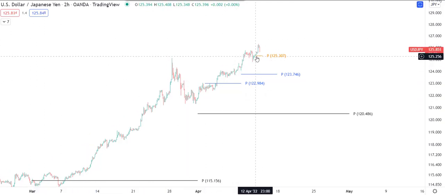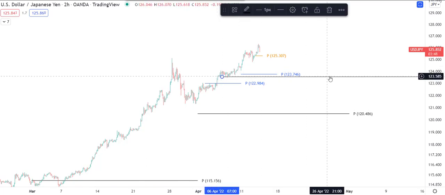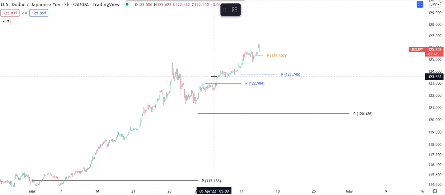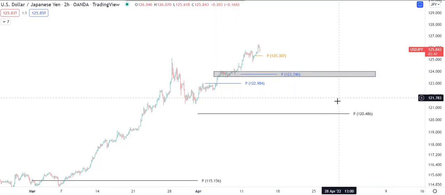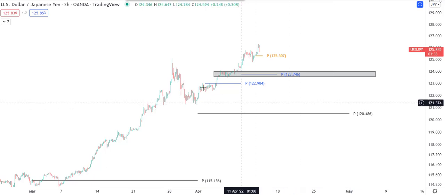In order to believe that we have a top in dollar yen, I would prefer to see price break below the weekly pivot, below this support, or maybe we can use a box. A breach below this area would give more weight to the scenario that dollar yen has topped.